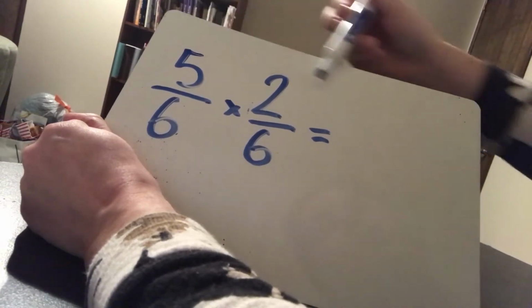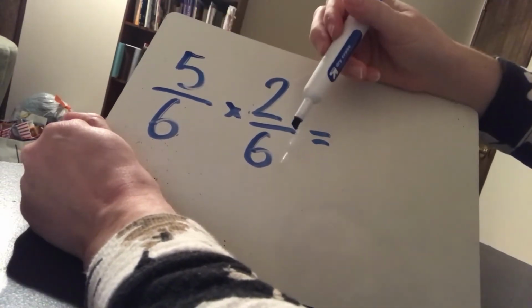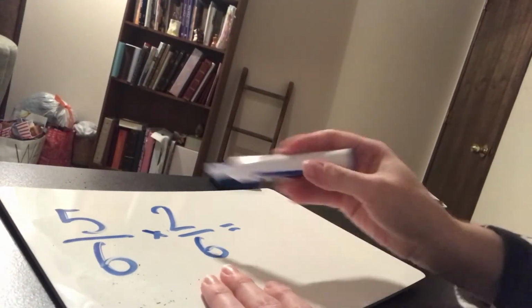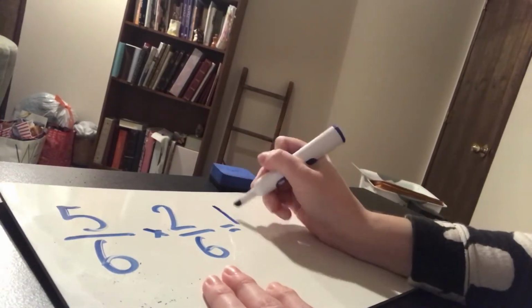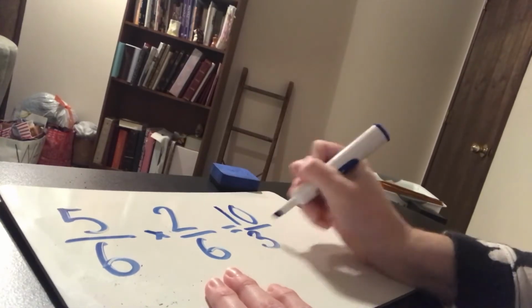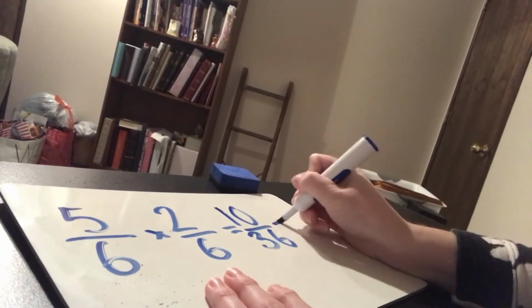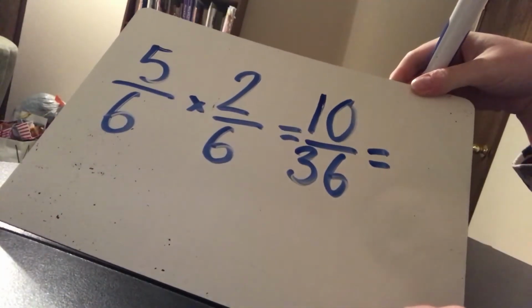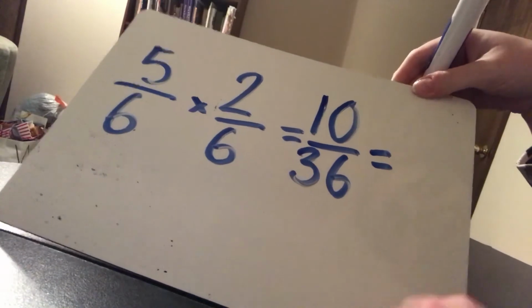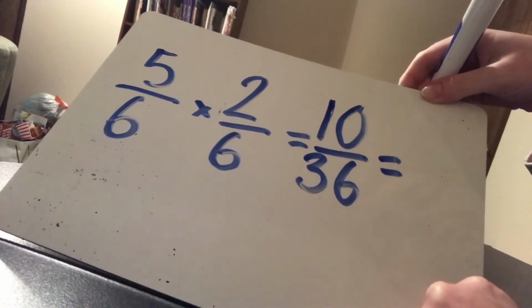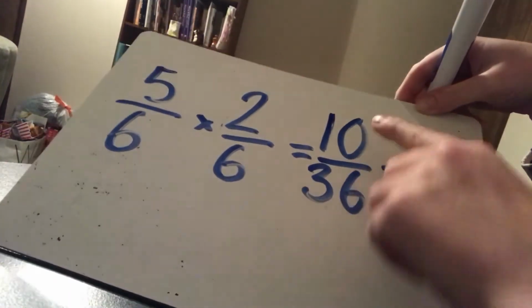So I'm going to be multiplying my numerator straight across, multiplying my denominator straight across, and then seeing if I need to simplify. So let's go ahead and do that. 5 times 2 is 10. 6 times 6 is 36. Okay, I multiplied my numerators, I multiplied my denominators. So I can definitely simplify that. 10 and 36. A common factor that I'm thinking of just off the bat is 2, because they're both even numbers.